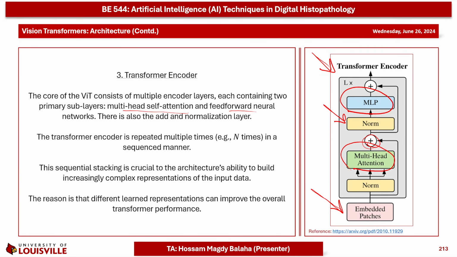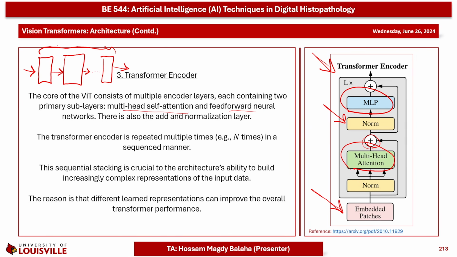But mainly, this encoder is repeated multiple times, for example, n times, in a sequenced manner. This means the embedded batches are subjected to an encoder, and then the output of the first encoder is an input for the second encoder, and so on until we reach the last encoder, which will be subjected to the classification head and then to the classification output.